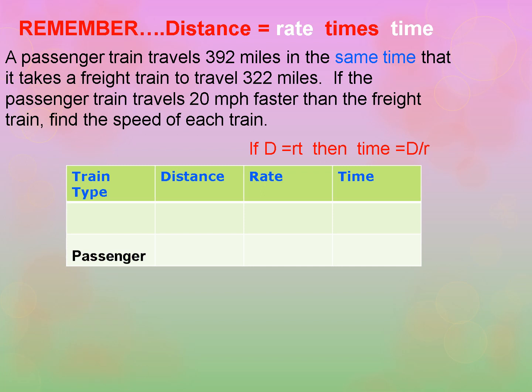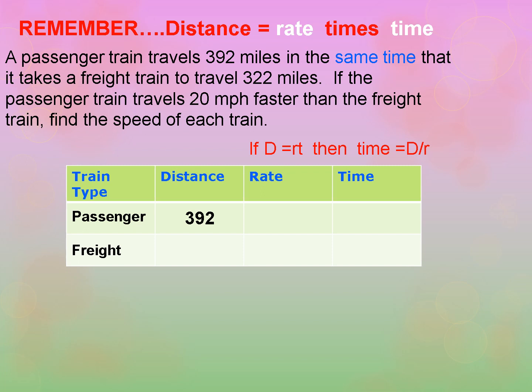We have two train types: a passenger and a freight. Now, the passenger train travels 392 miles in the same time that it takes the freight train to travel 322. So passenger is 392. In terms of its rate, the passenger train travels 20 miles per hour faster than the freight train.